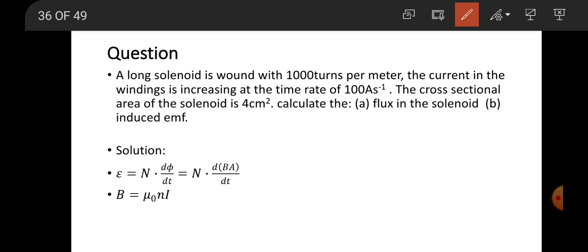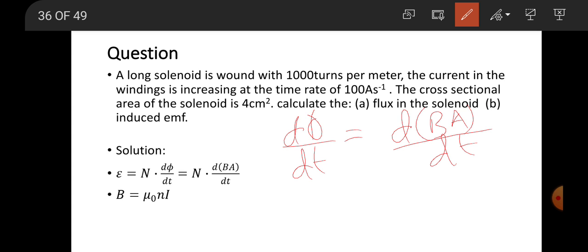But before we can calculate the flux, not just the flux, that's the rate of change of flux, which is dphi over dt, can be calculated here. And in that case, we can use the formula. It is d(BA) all over dt, okay, which we can actually write as A dB all over dt.